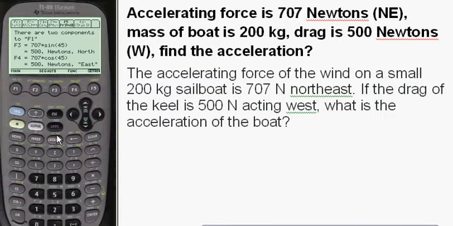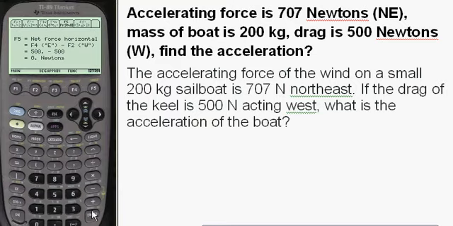There are 2 components to the 707, which is the hypotenuse. To find the opposite side, we go 707 times the sine of 45. We get 500 newtons north. 707 times the cosine of 45, which is the adjacent side, is 500 newtons east.